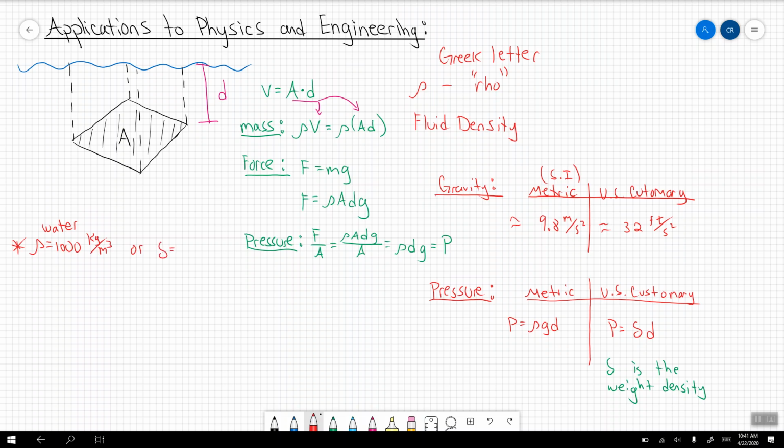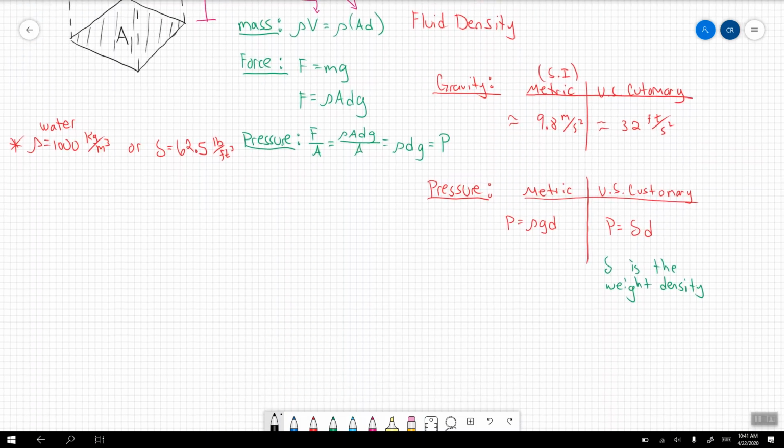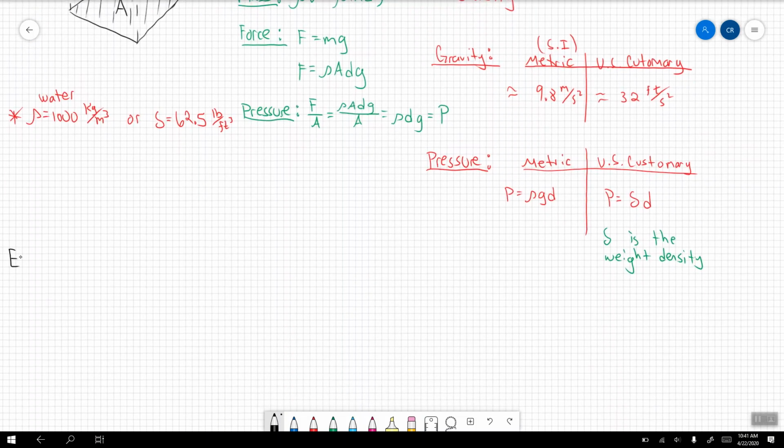Or we can say that water has a weight density of 62.5 pounds per cubic foot. Water is given to us in terms of either weight density or mass density, so we have to interpret whether we're using the metric system or the US customary system. The only way to extract which system you're using is by reading the problem.